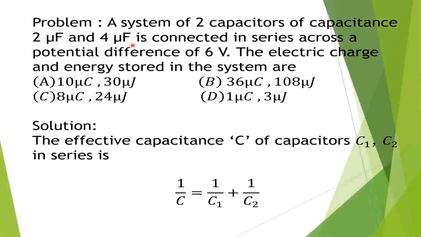So the first thing that we need to do is to calculate the effective capacitance, and for capacitors which are connected in series, this expression gives us the effective capacitance. If we plug in the values in this expression, we get 1 over C is equal to 3 over 4 microfarad. So C is equal to 4 by 3 microfarad.